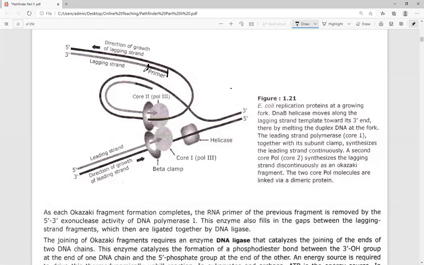Now you just look here at how the primer is being provided, with a free 3' OH. See this? This is the primer which is there. There would be the 5' end and the 3' end. This 3' end of the primer has been extended in this particular direction.